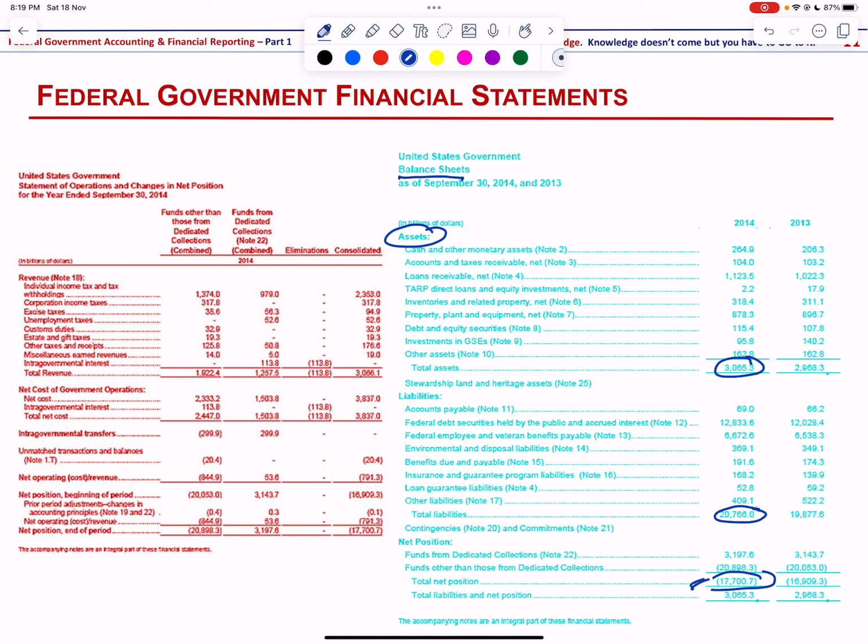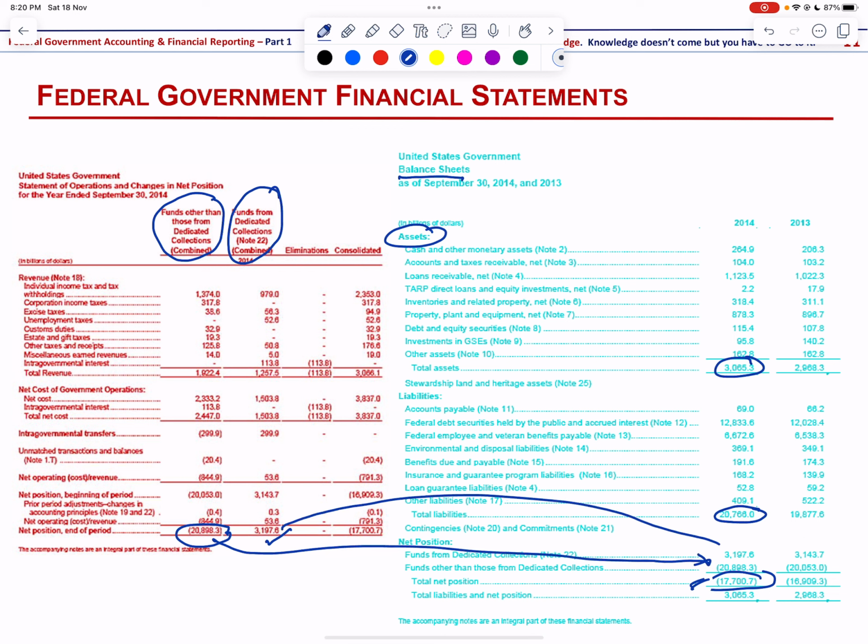Net position at the end of the year 20,893. Funds other than those from dedicated collections, and funds from dedicated collection, that is 3197, and these values are recorded over here.